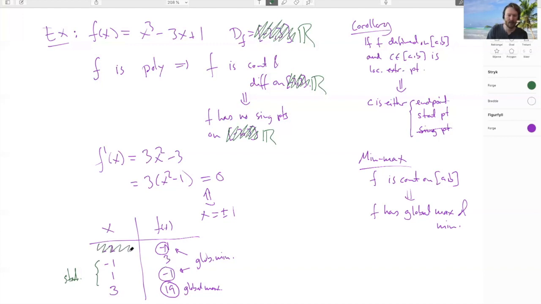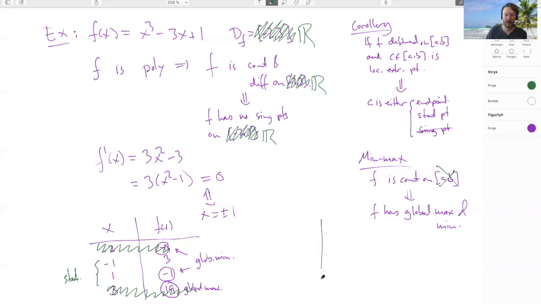So of course the endpoints are out of the picture, since I took them away. So this list only contains these two values. Will this then be my global maximum and global minimum? No, because the Min Max Theorem is now out of play, since I no longer have a closed and finite interval. So I'm no longer guaranteed the existence of a global max and a global minimum.